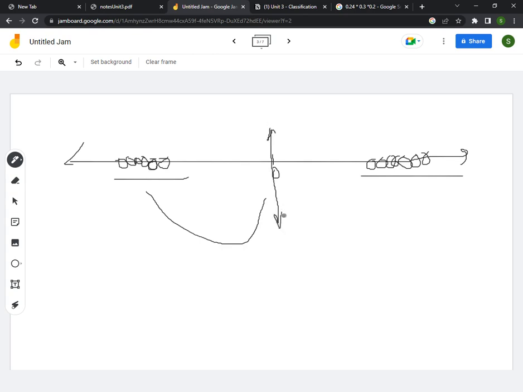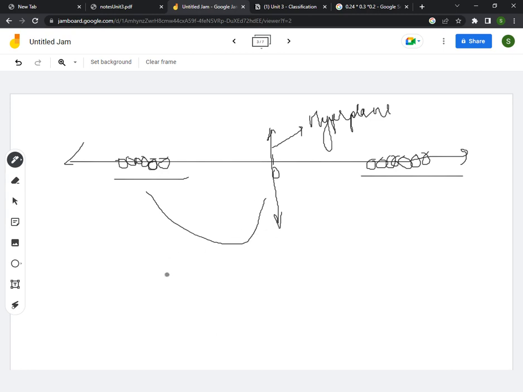Now this line is what we call the hyperplane. Just because of this hyperplane, we can easily distinguish between the categories of the data points.